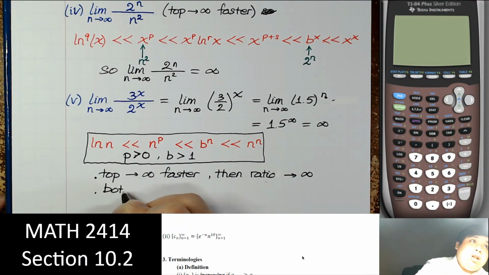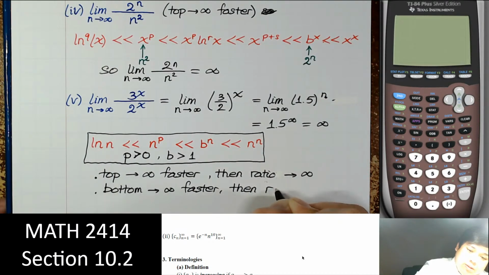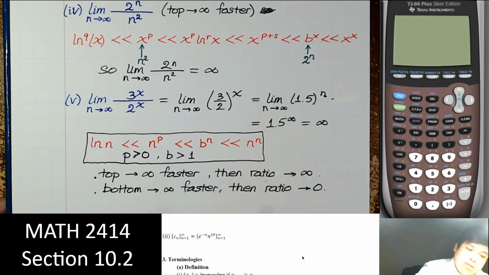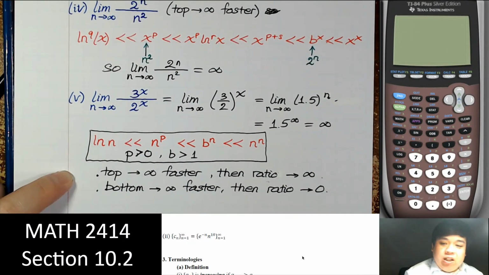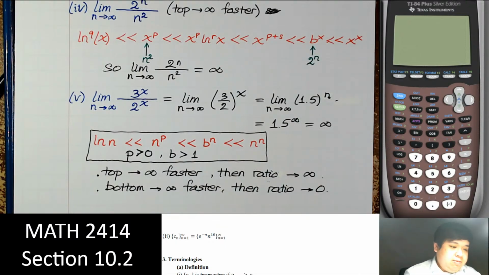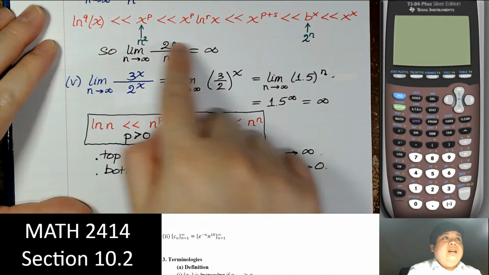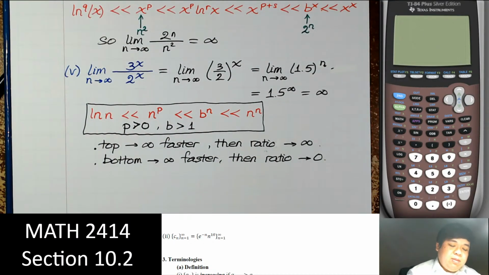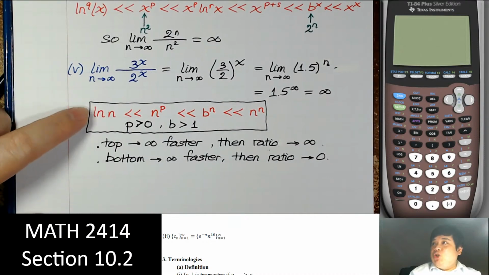If the bottom goes to infinity faster, then the ratio goes to 0. Right. So that's the simplified version of this. We will get back to this a lot more later, but for now, of course, the whole list is that. So yeah, like I said, for the test, this should be enough.